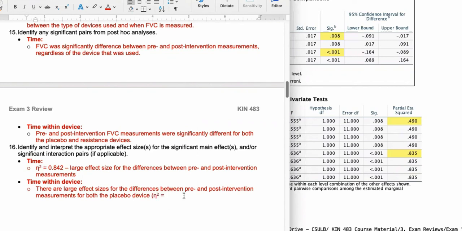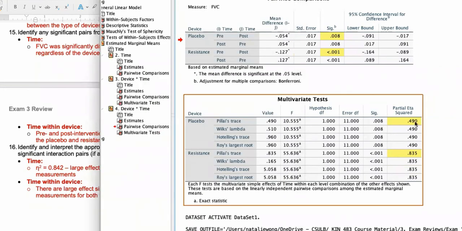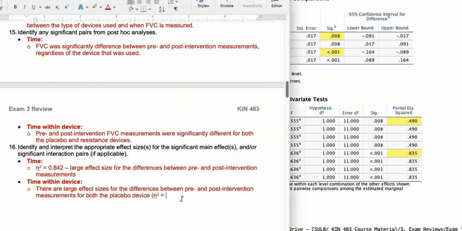My partial eta squared for the placebo device was 0.490, and for the resistance device, partial eta squared of 0.835. Cool. Questions on this one?